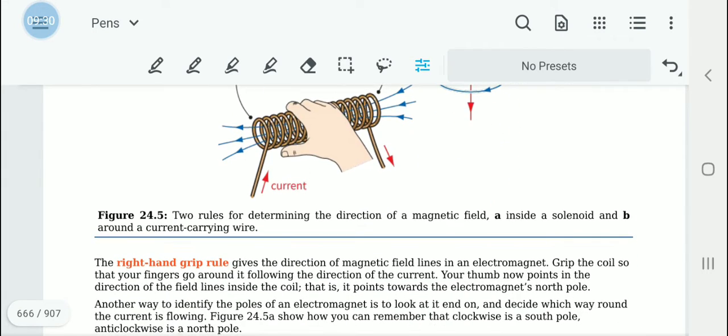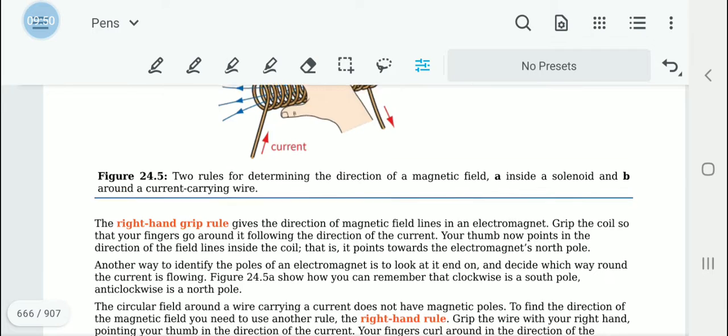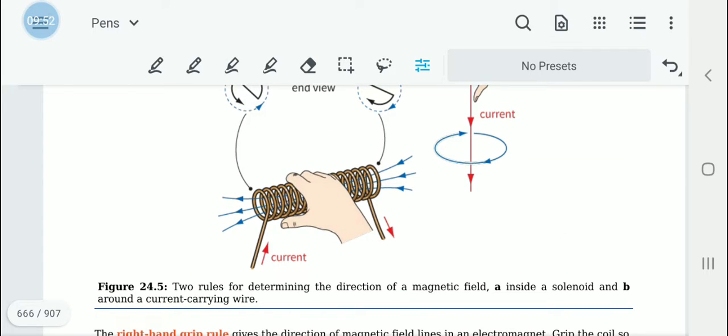We will be discussing this in detail using the grip rules. The right hand grip rule gives the direction of magnetic field lines in an electromagnet. So what we do is we grip the coil, so our fingers go around it following the direction of the current.